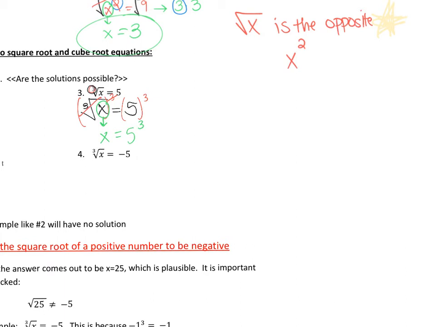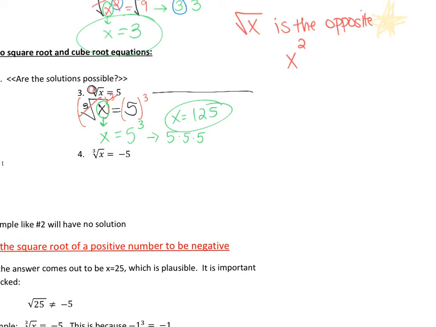Now what this means is 5 times 5 times 5, okay? And I know that 5 times 5 is 25, and then 25 times 5 is 125. So here, my x equals 125. But what we talked about is we need to check, okay?